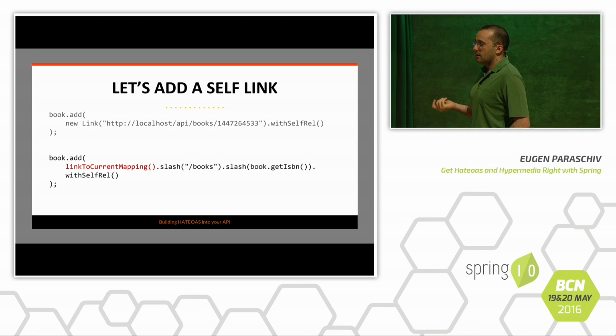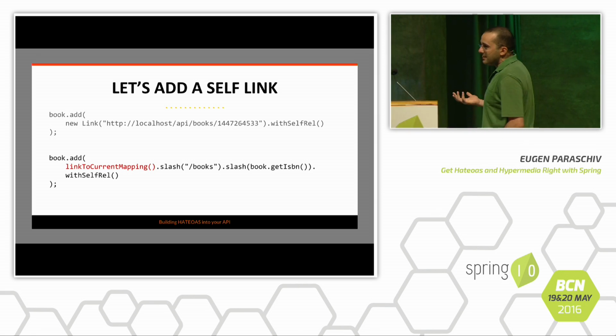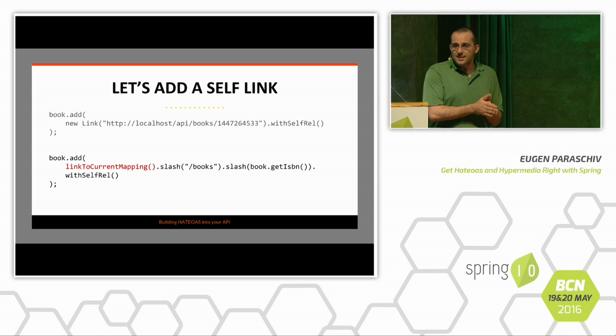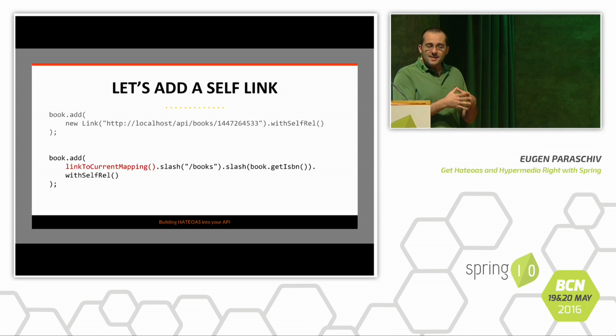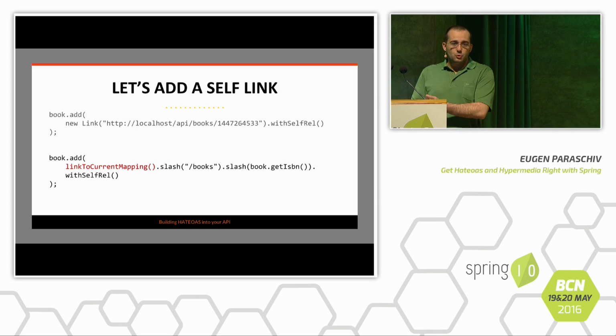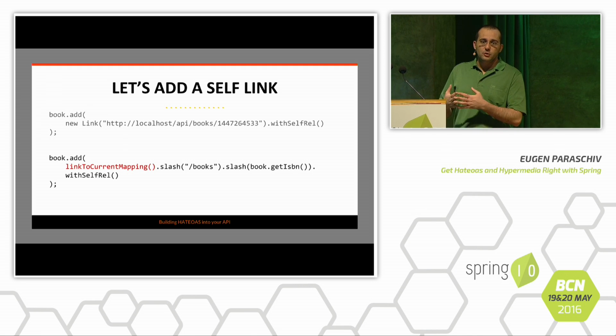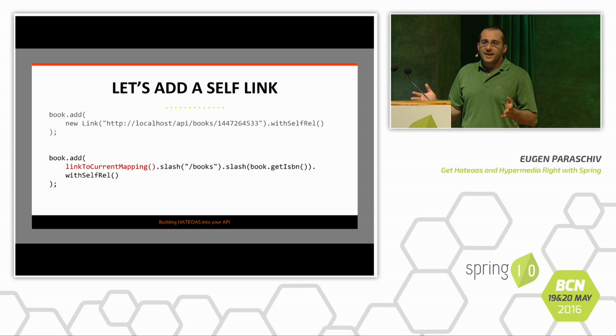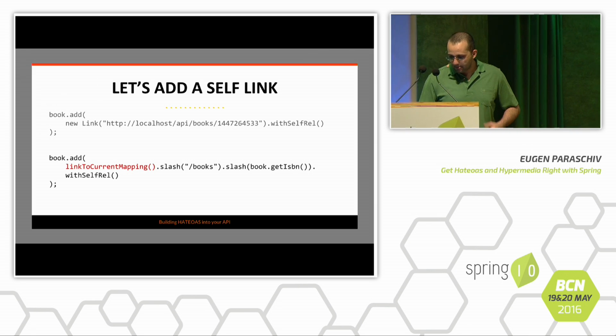Not ideal. Well, the good thing is that this is a Spring project, so it has a deep integration with Spring MVC. And Spring MVC has a way for you to retrieve all of those mappings. It has a way for you to get all of those handler mappings without having to redefine them.